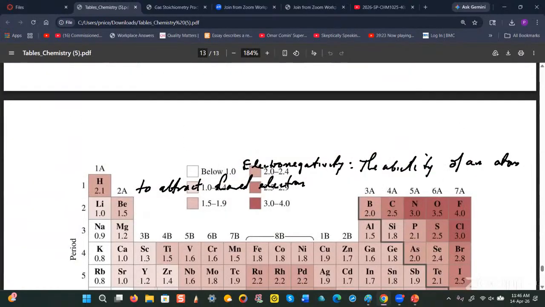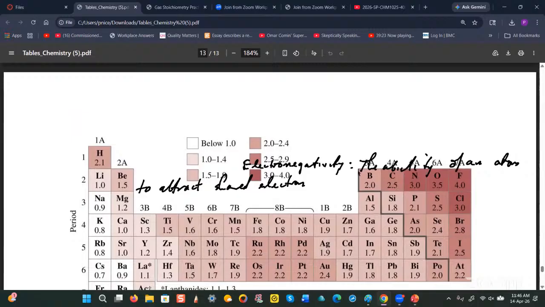Now, a guy by the name of Linus Pauling, Nobel Prize winner in chemistry, and I think he got a Peace Prize as well. Anyway, he did a lot of work, and one of the things that he is known for is what you're looking at here. He used some thermodynamic data to develop a scale for electronegativity, right?